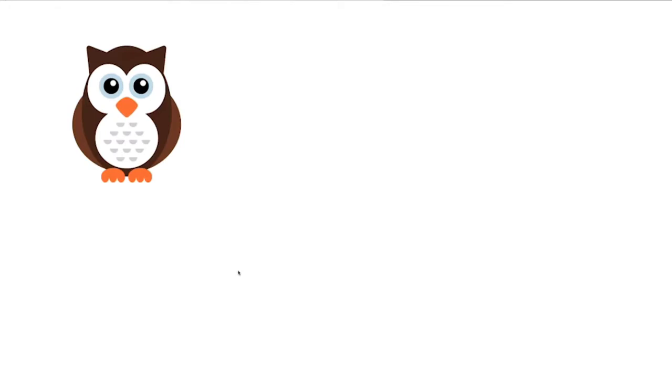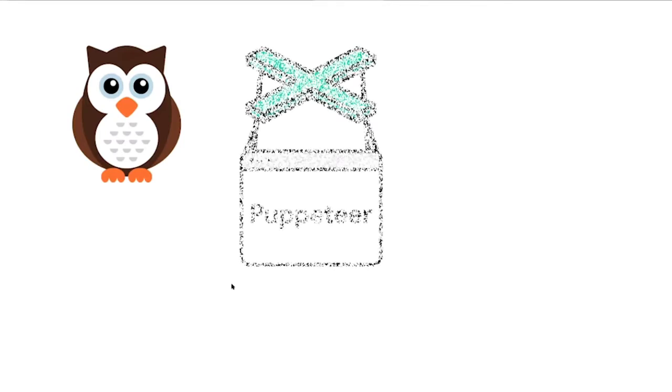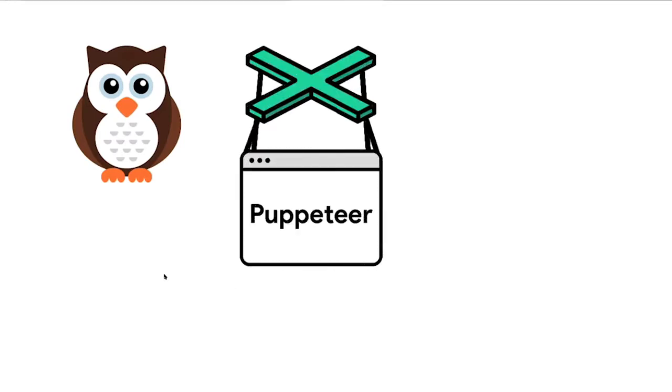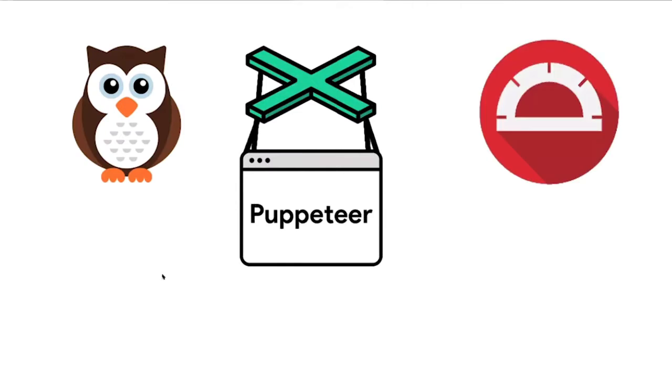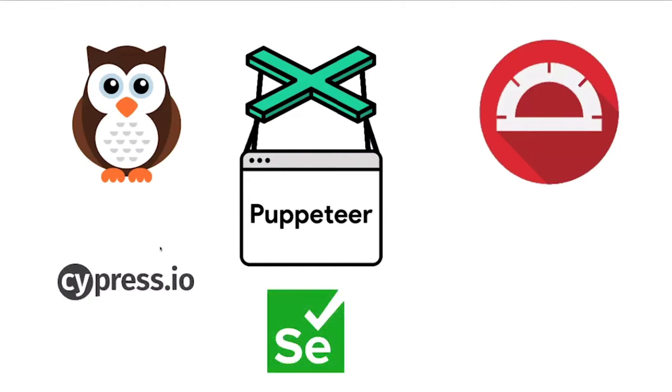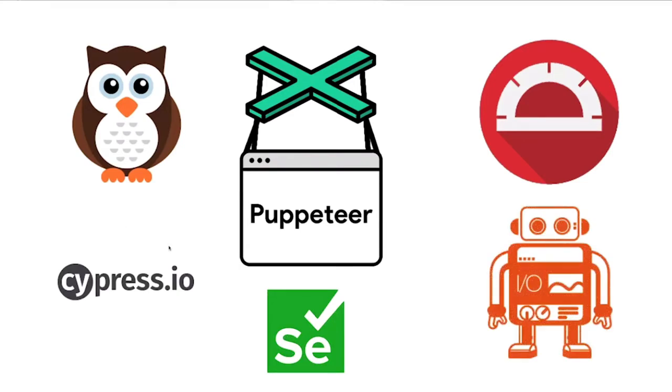So you have things like Nightwatch, Puppeteer, which we'll talk about a little bit more in a minute, Protractor, Cypress, which is very popular at the moment, of course Selenium, which has been around for a long time, and things like WebdriverIO, which are built on top of Selenium. And that's just to name a few. There are others as well. So these are some of the more popular options. So why do we need Playwright? Why do we need another library?